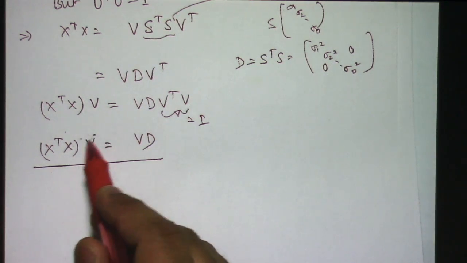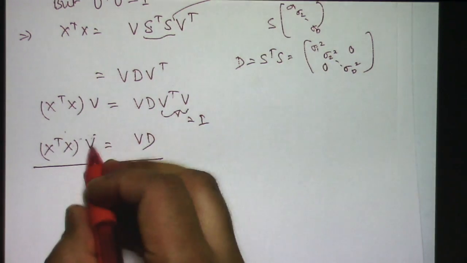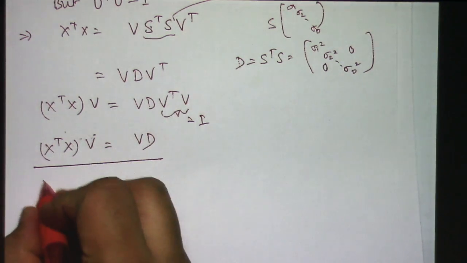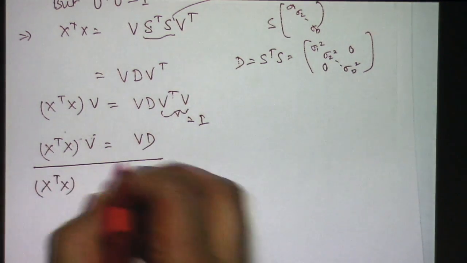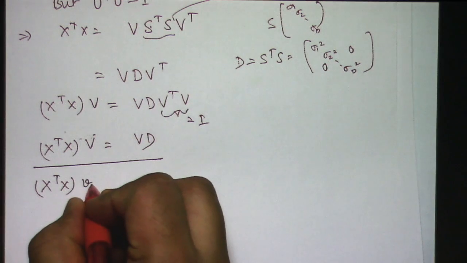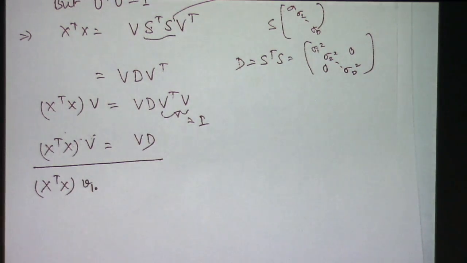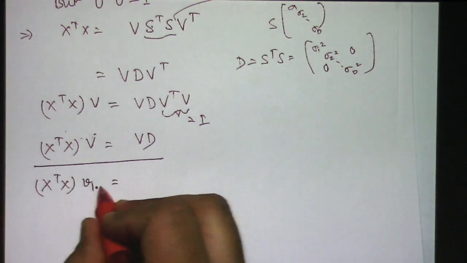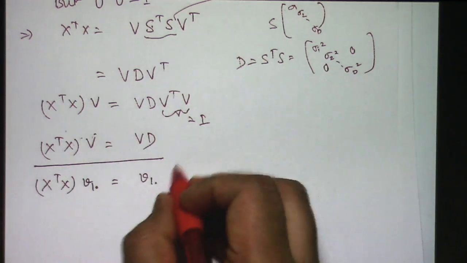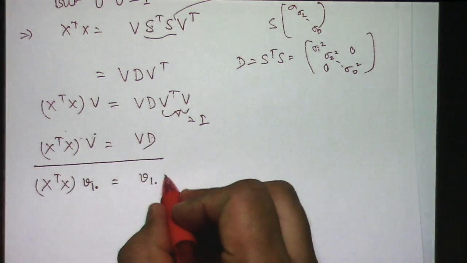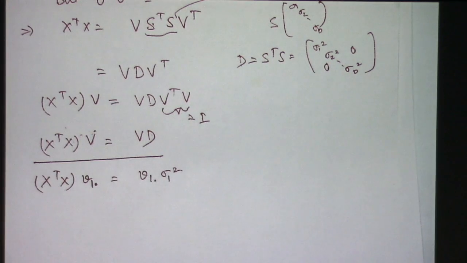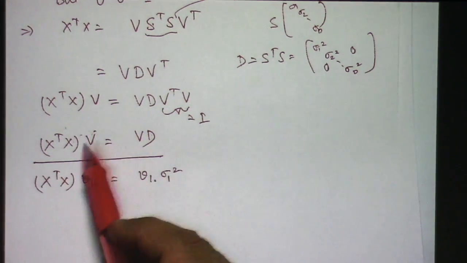This is all of your right singular vectors, right? So if I take any one singular vector from here, X transpose X times the first column of this V is equal to V1 times the square of the first singular value, right? Because that's how it is written.